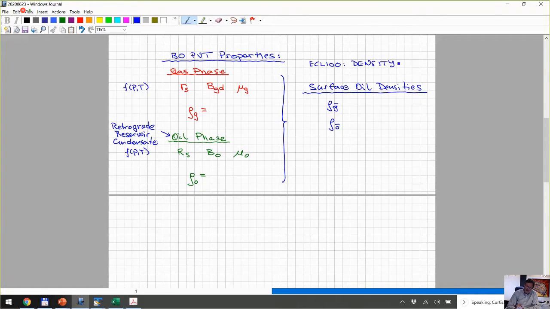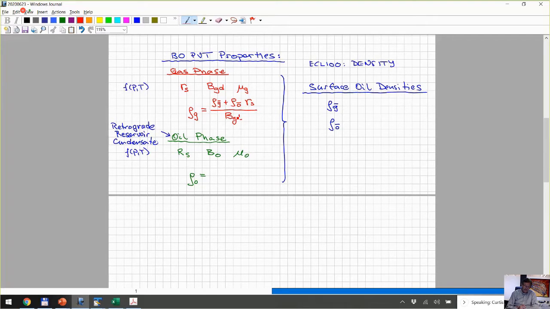Okay. And how this is used, these two numbers go into calculating both the reservoir gas density and the reservoir oil density. The equation for this is rho_g equals the surface gas density plus the surface oil density times little rs, which is a function of pressure, all over BGD.